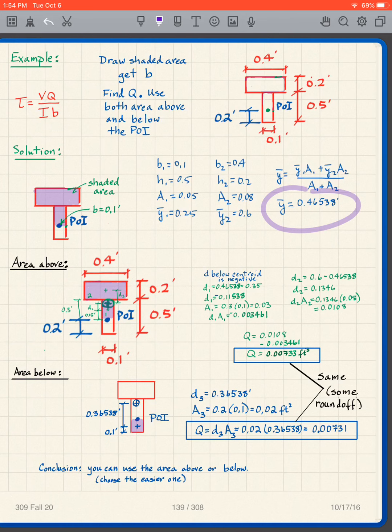So my overall centroid is pretty close to the interface between the two rectangles, and that means that the centroid of the lower rectangle is where? Well, let's see if we can figure it out. This distance is 0.3.